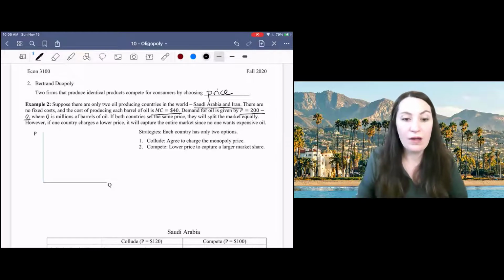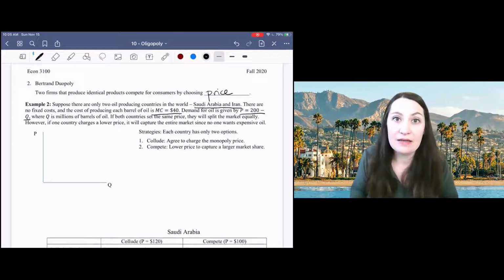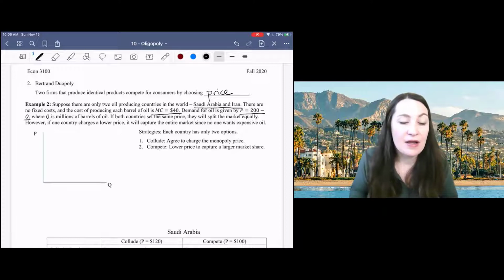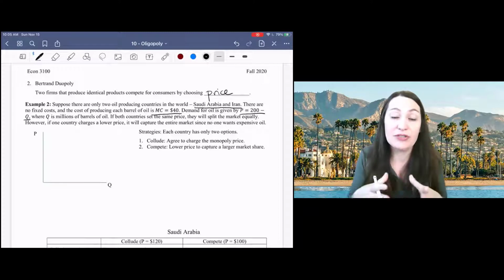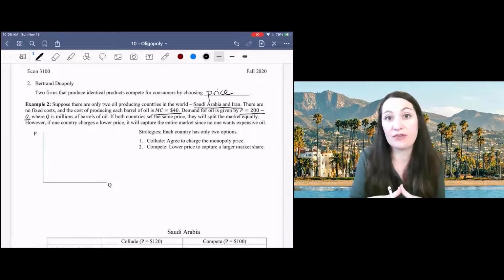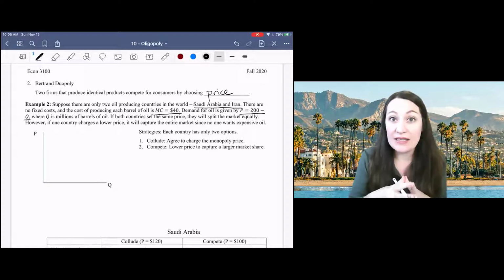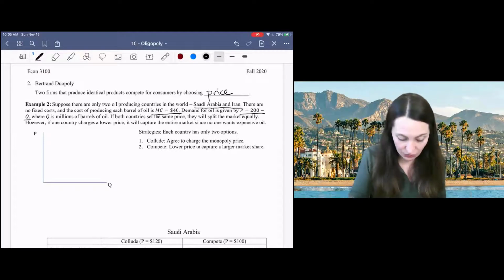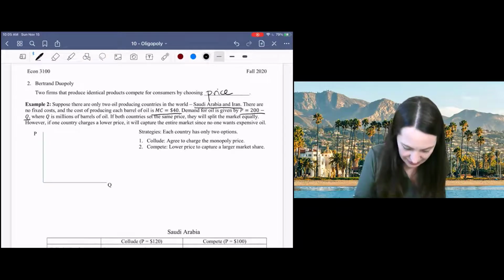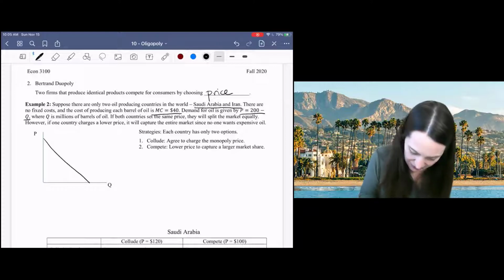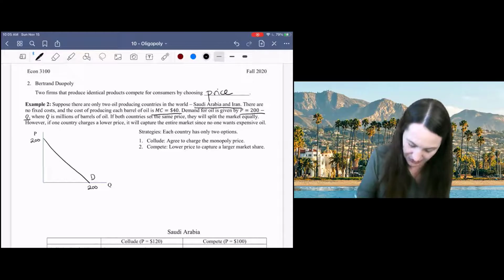So monopoly price setting, where both firms behave together to collude to set the monopoly price, will earn the firms the most profit. So let's examine that outcome first, okay? So what would happen if this market is served by a monopoly? So we've got our demand is 200 minus Q, and then our marginal revenue is going to be 200 minus 2Q.